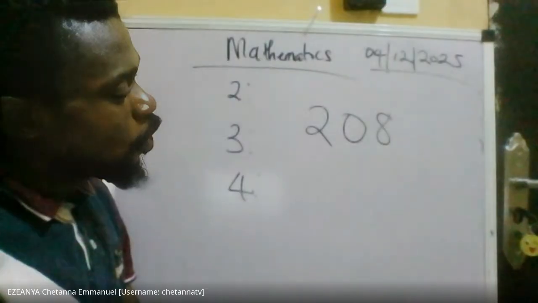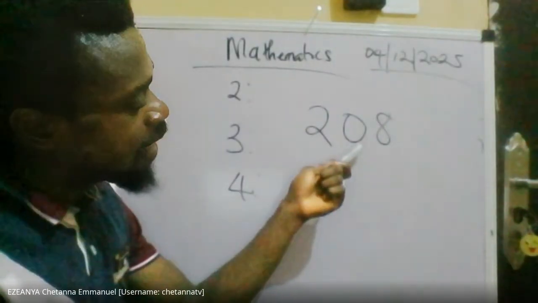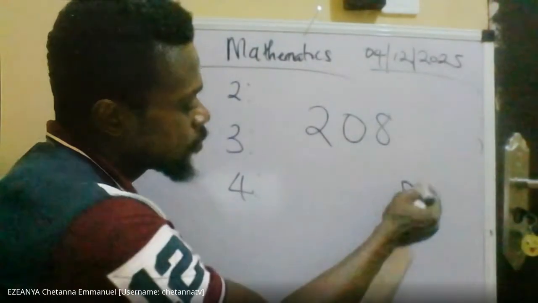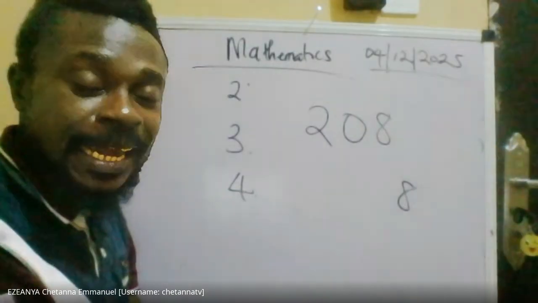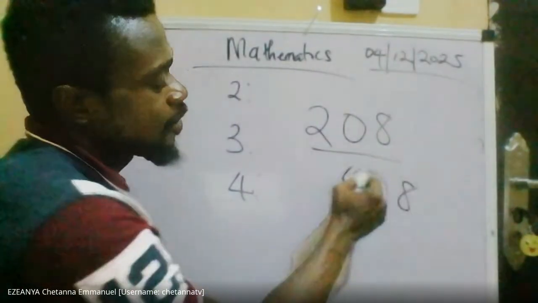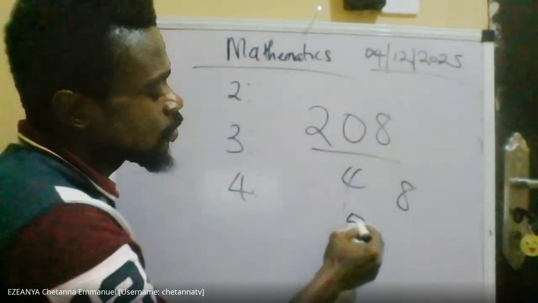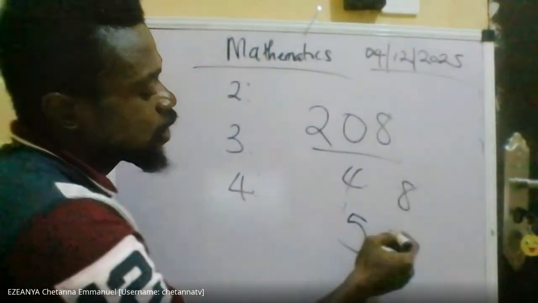Now, the number formed by 0 and 8 is simply 8. Is 8 divisible by 4? Yes. That means 208 is divisible by 4. It's even clear. 4 divided into 20 is what? 5. 4 divided into 8 is what? 2.